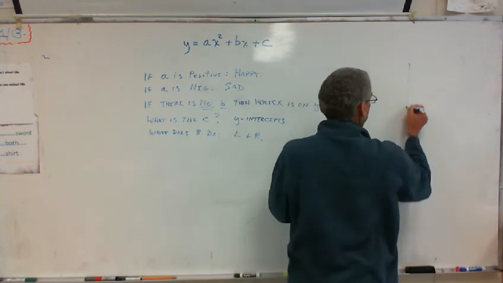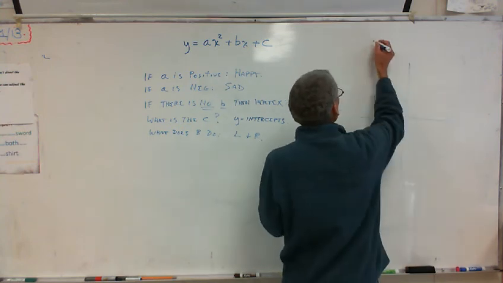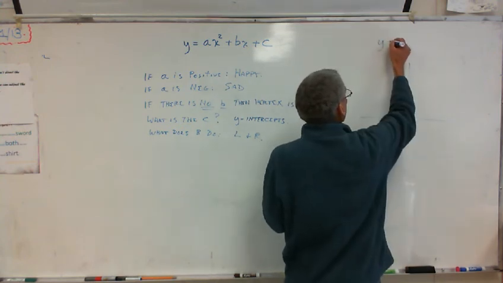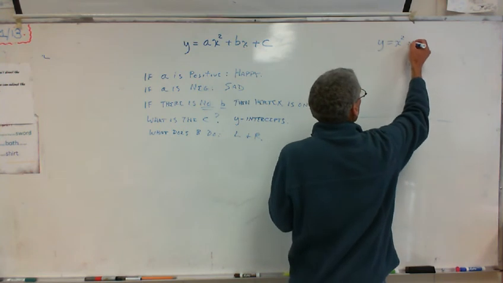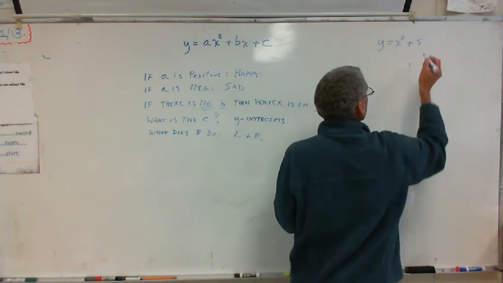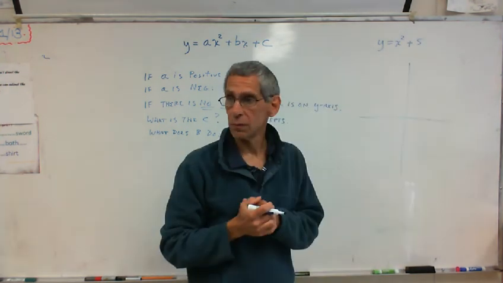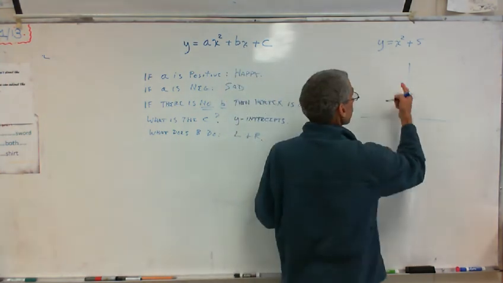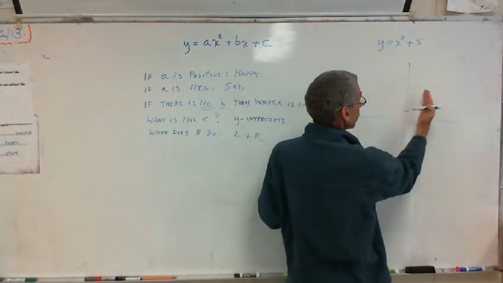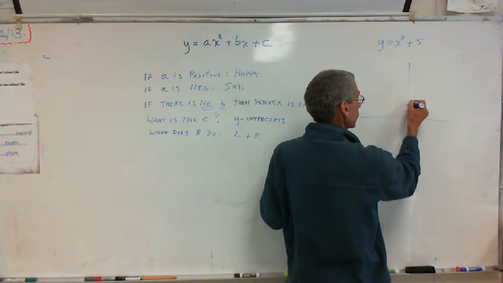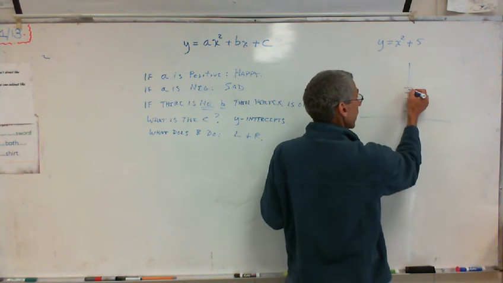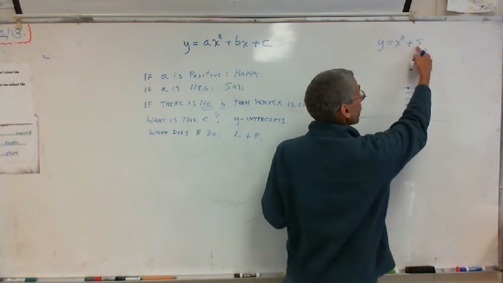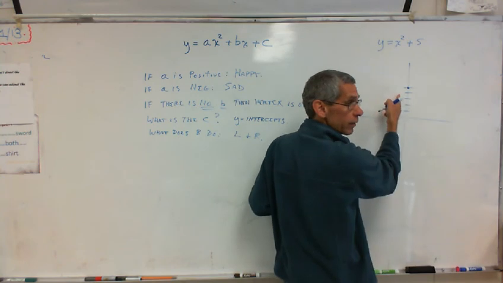If I were going to graph y equals x squared plus 5, what would you do? I would go up 5 and then I'd do a standard parabola. There's no b, so it doesn't take it off the y-axis, right? 1, 2, 3, 4, 5, and I put a dot there. That's my y-intercept, always.